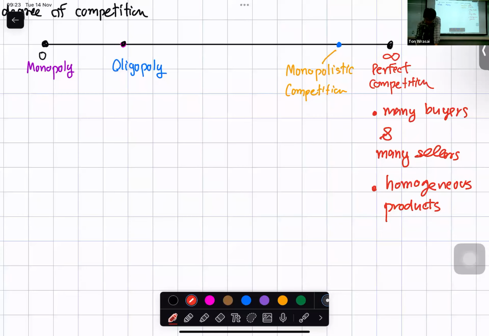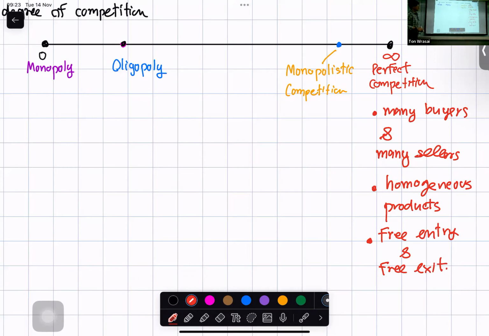Number 3, issue 3. Free entry and free exit. If there are prospects of profits, let's say in this room, all you guys are firms, there are no barriers for a new firm to jump in and compete with you. So that's free entry.